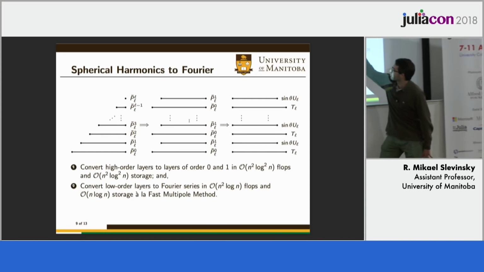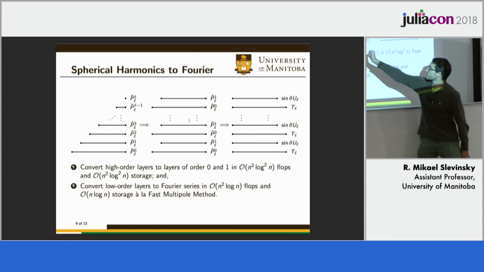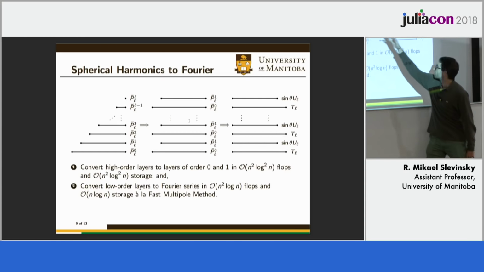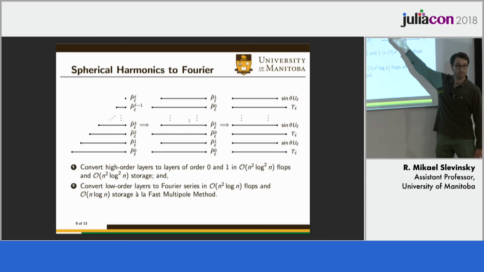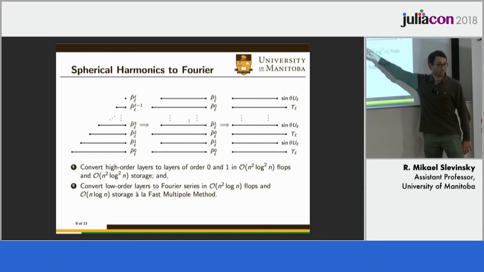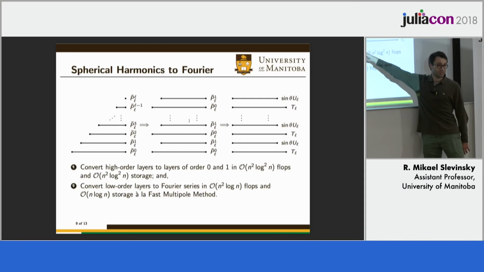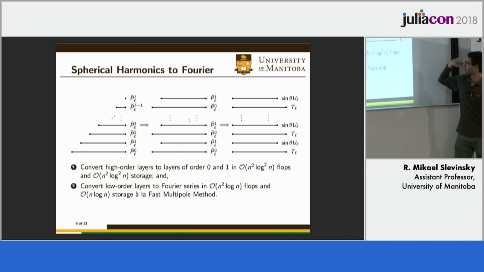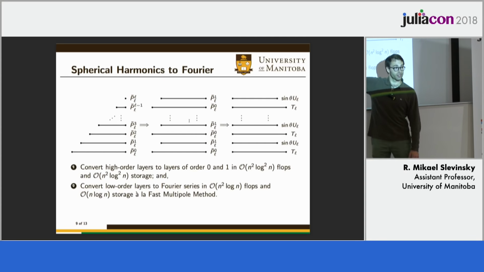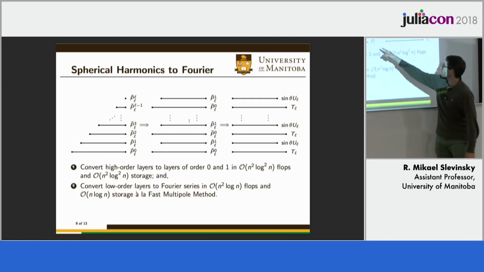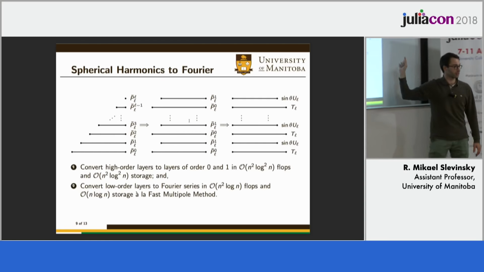But basically here we go from really high order associated Legendre function expansions to order 0 and 1. And then we take those and use the 1D technology. These are essentially the Legendre series, and then we convert them to Chebyshev. Then this part right here proceeds with the butterfly algorithm, and this right here uses the fast multipole method.